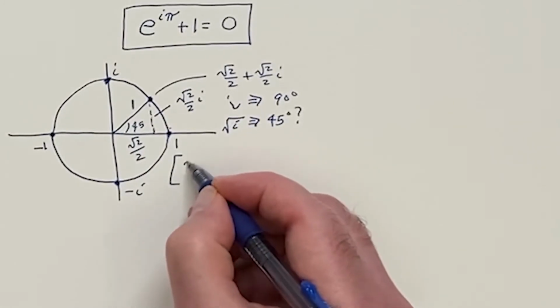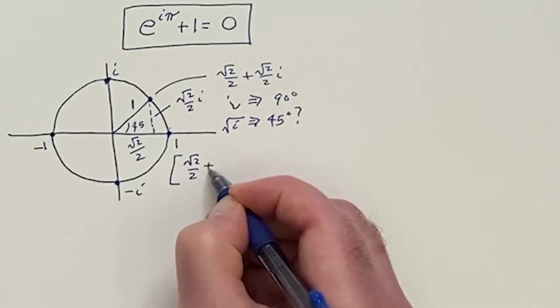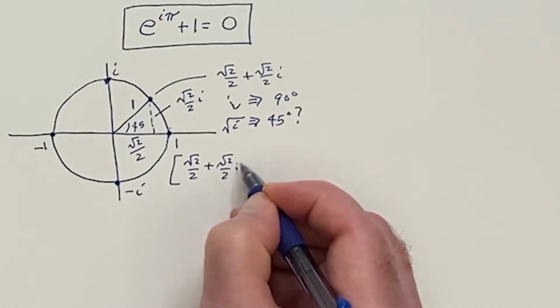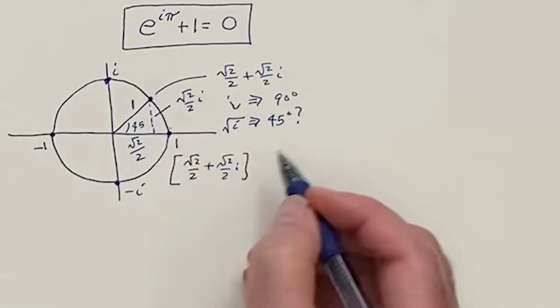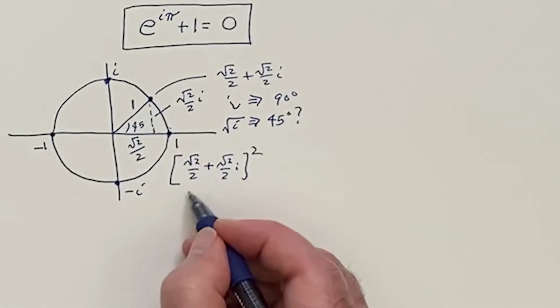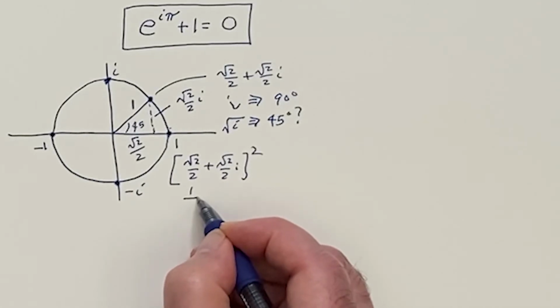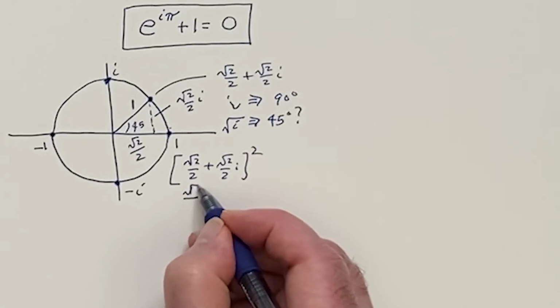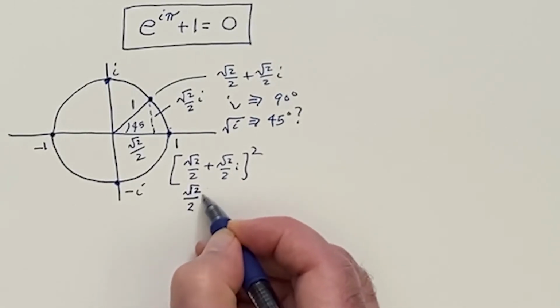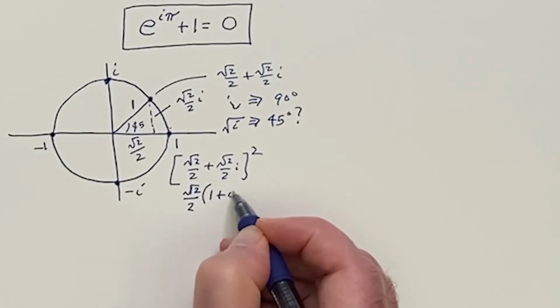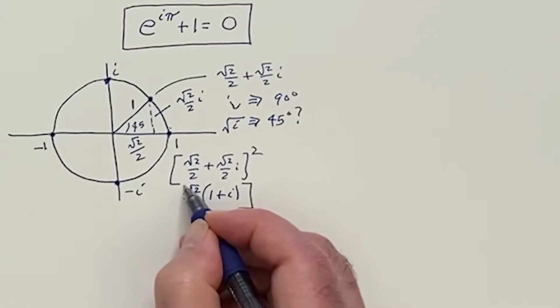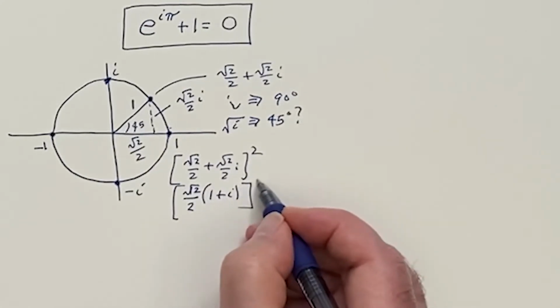Let's go ahead and square what this point is and see what happens. If we do that, we get then 1, well, we can do a little trick here. We can take this to be the square root of 2 over 2 times 1 plus i. Factor that out, makes it a little simpler.